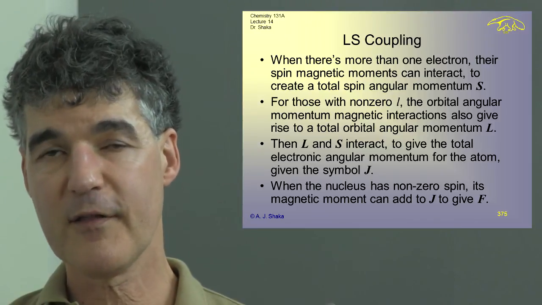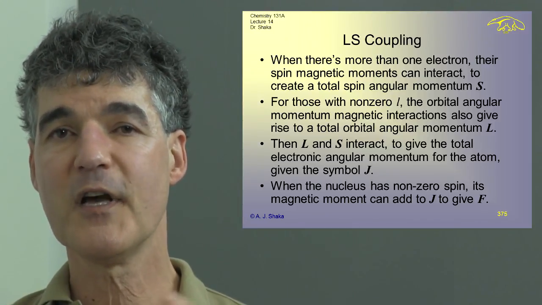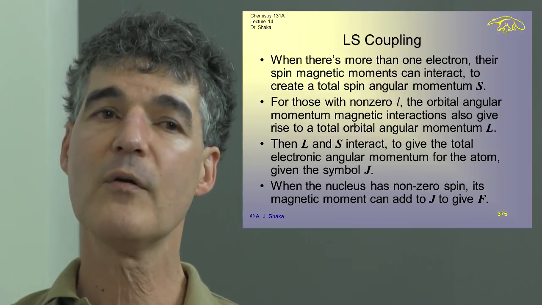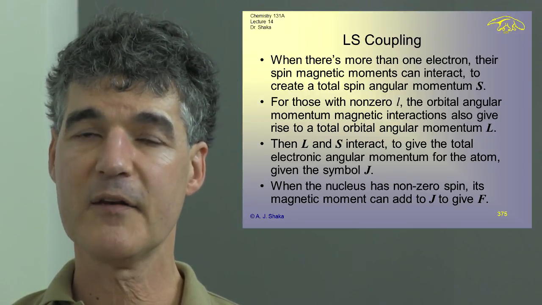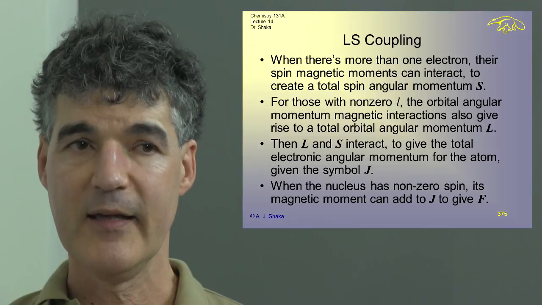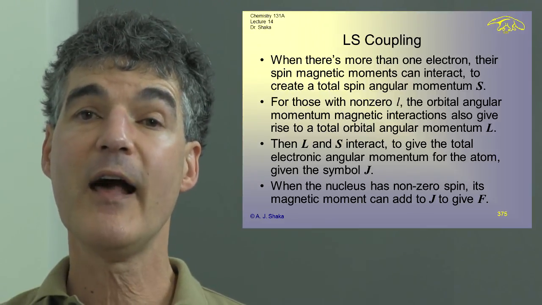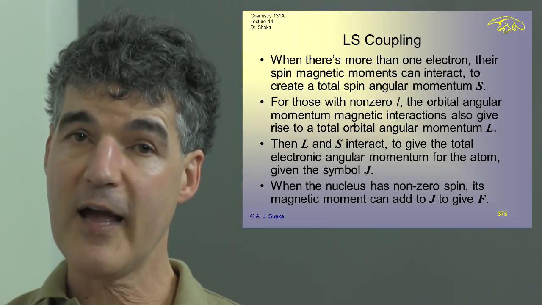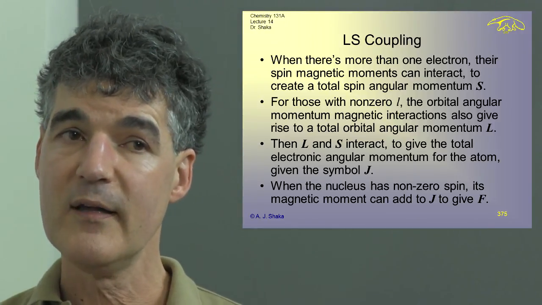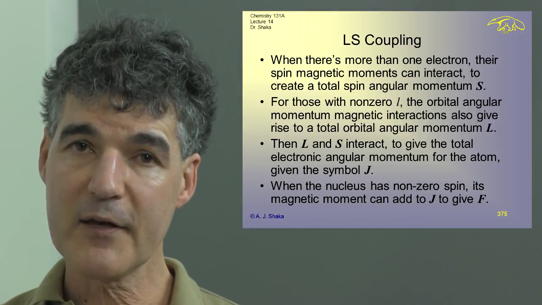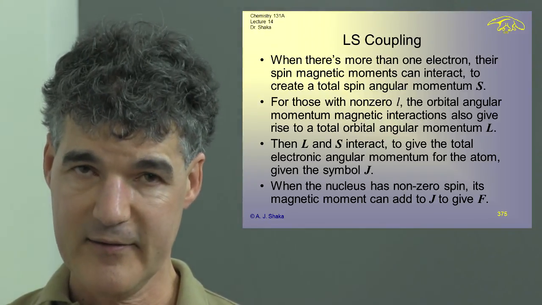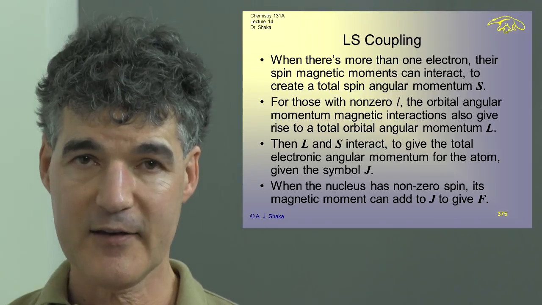If we have more than one of those, we add all those up, and I'll explain how in a second, to give the total orbital angular momentum, big L. And then L and S, again magnetically, interact to give the total electronic angular momentum for the atom, which is given the symbol J, L and S, added together.